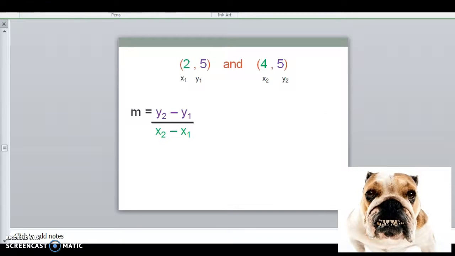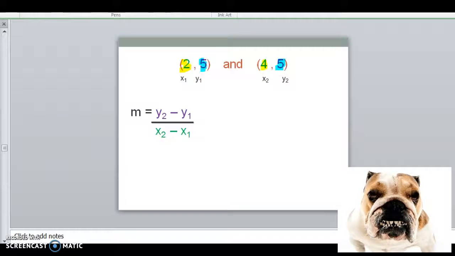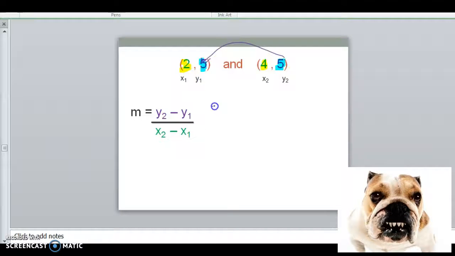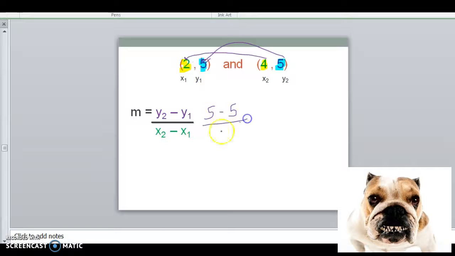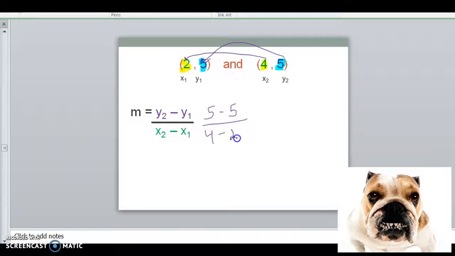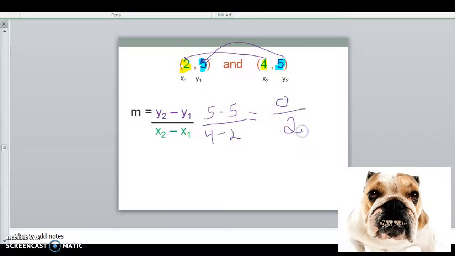I'm going to highlight my x values, highlight my y values, and subtract my y's. I'm going to start with my y2 minus y1, just 5 minus 5, and 4 minus 2 are my x values. 5 minus 5 is 0. 4 minus 2 is 2. 0 divided by 2 is 0.